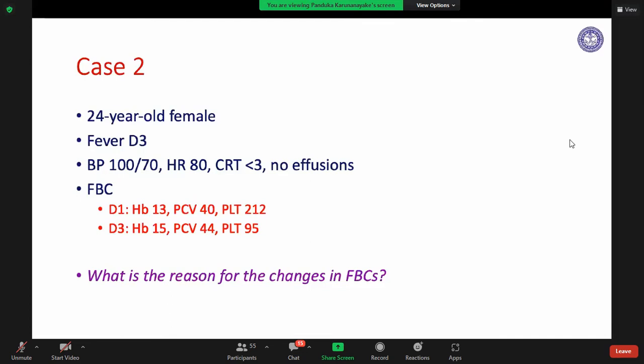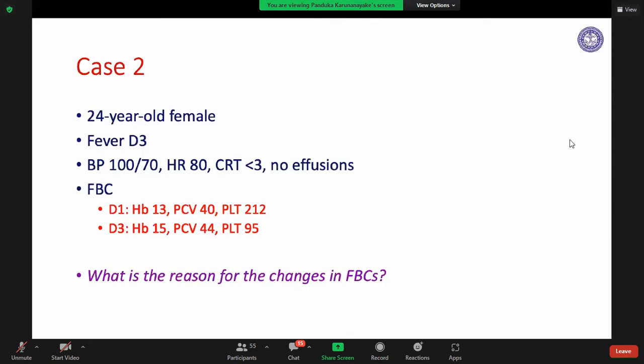So I would say that probably this patient would have said, I did not drink enough fluids. I feel very thirsty. I had very high fever and I vomited several times, maybe 7, 8 times. All this would indicate reduced intake, increased loss, therefore dehydration. And that dehydration would have produced the hemoconcentration, the PCV rise. It's a very significant rise from 40 to 44.